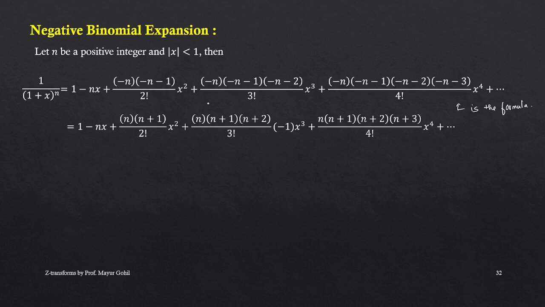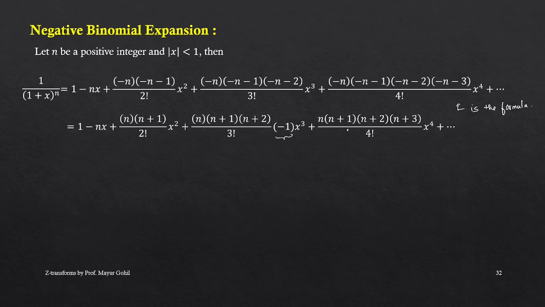The next, when you see, there are three minuses coming outside: minus n, minus n minus 1, and minus n minus 2. So there are three minuses, so basically the coefficient is going to have a minus sign, so I have written that minus 1 over here.